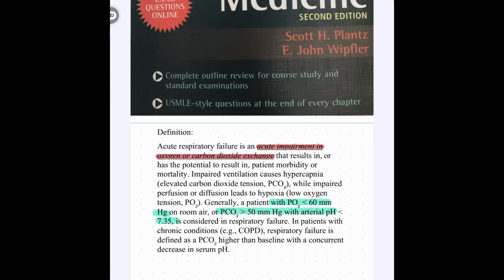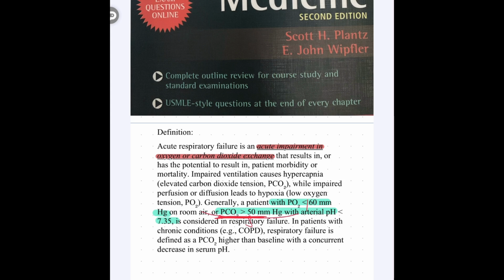In general, the patient will have a PaO2 less than 60 or a PaCO2 more than 50 with arterial pH less than 7.35.